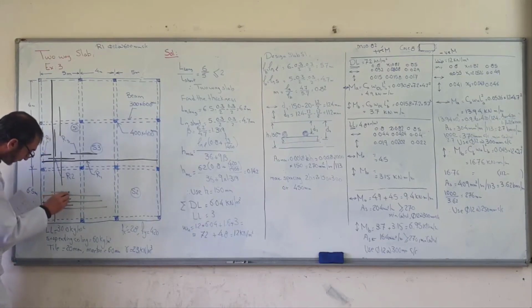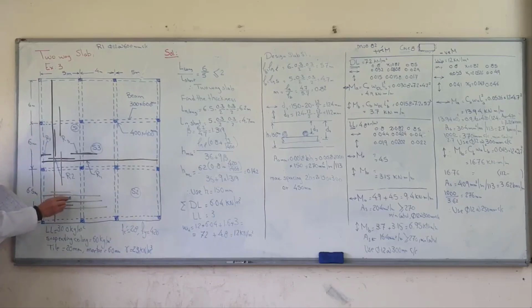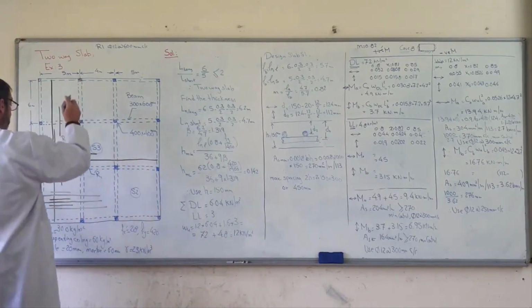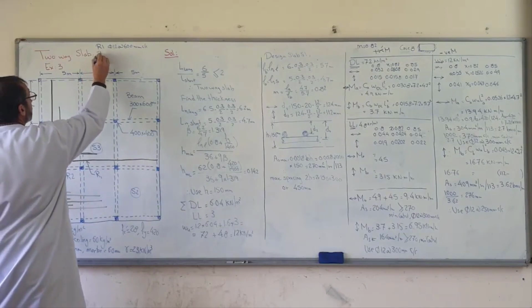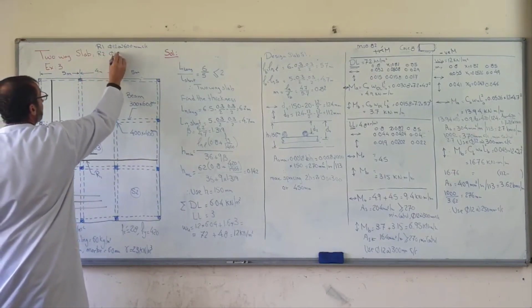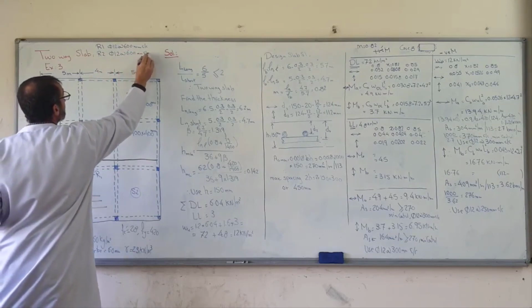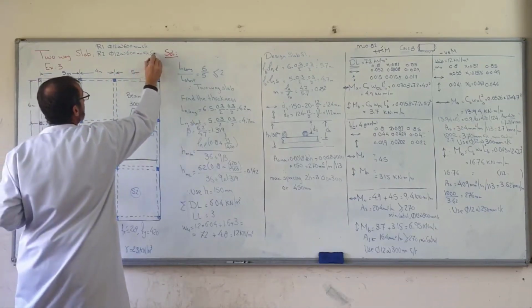What is cut bar? At top R3, R2. Cut bar is R2. Phi 12 at millimeters center, opening cut bar.